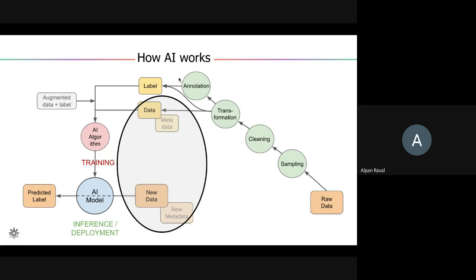So it acts on new data and predicts a label for the new data. What this oval represents is the fact that the data on which the AI was trained and the data on which the AI will be deployed have to come from the same environment for the AI model to work. If this data is from a very different environment than that data, the AI model typically will not work well. Aditya asked whether environment means it has to be the same.